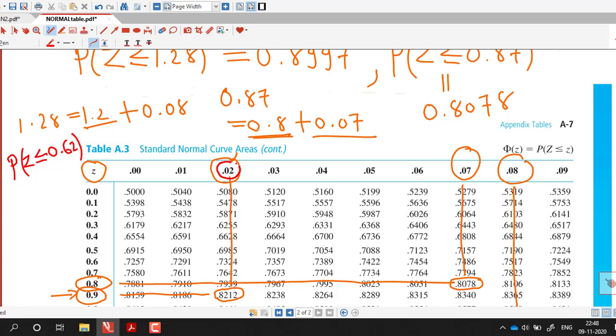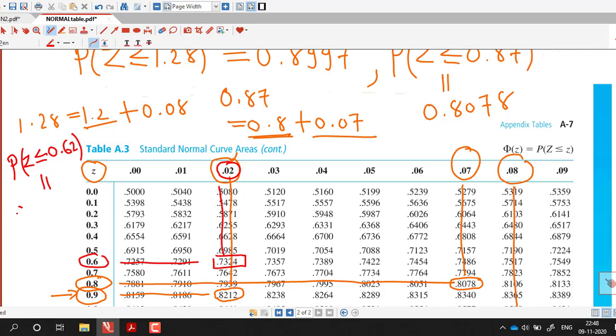We concentrate on 0.02, and in the column below z we concentrate on 0.6. The intersection is 0.7324.